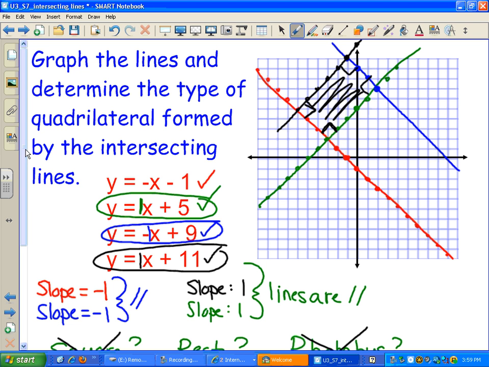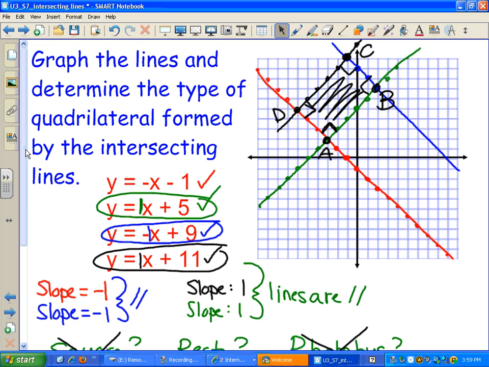Kind of like we did when we found the perimeter of our polygons graphed in a coordinate plane. You would have to find the distance. Let's label this as A, B, C, and D. You would have to find the distance of AB and show that it's congruent to DC.